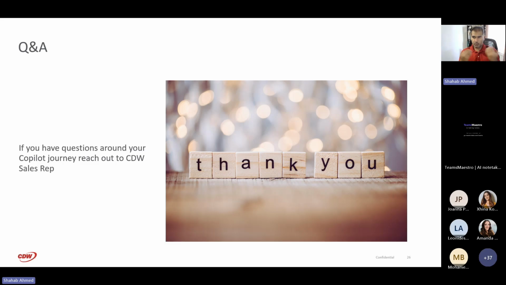On the surface of it, it should be identical. It is not identical because of the other elements. So elements like reasoning, elements like how search works are slightly different. You will also see those variations in terms of what you do with the knowledge sources within Copilot Studio.